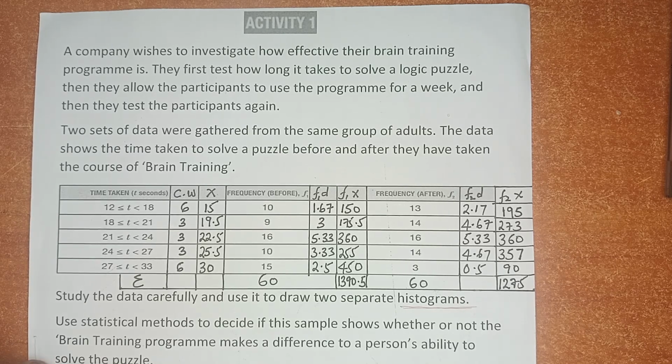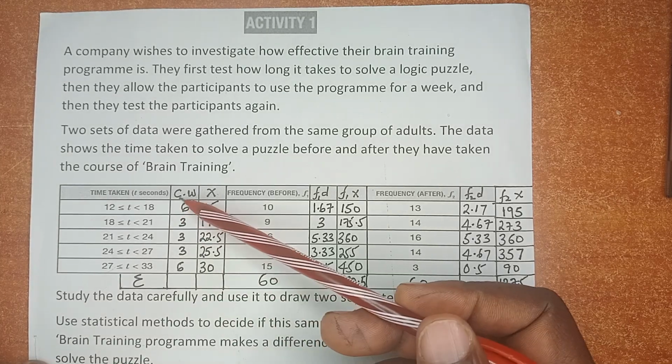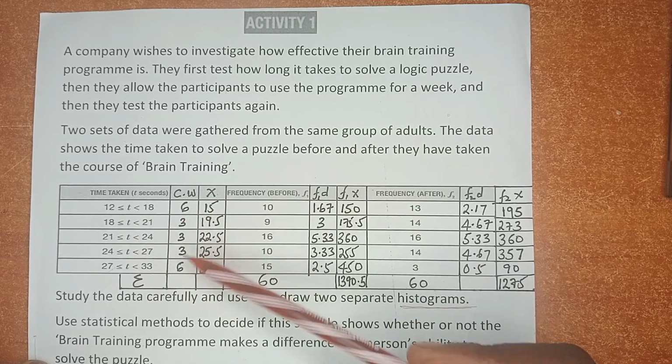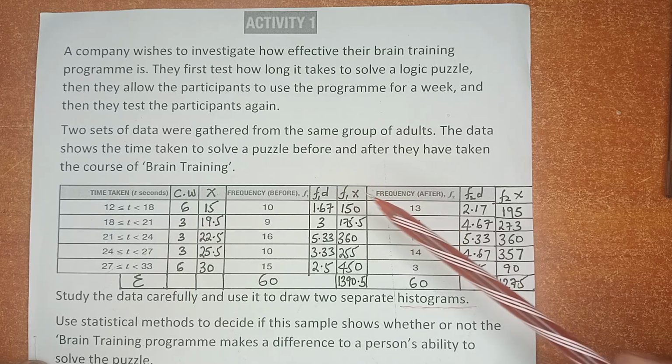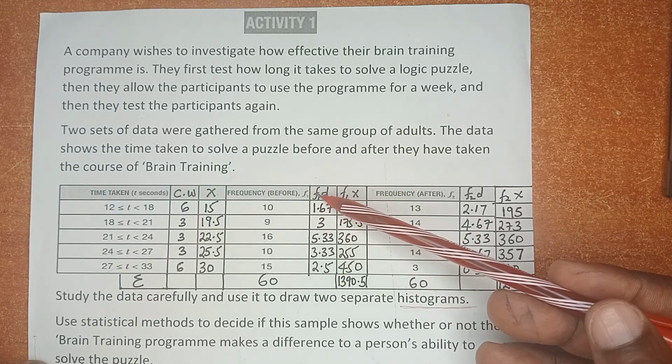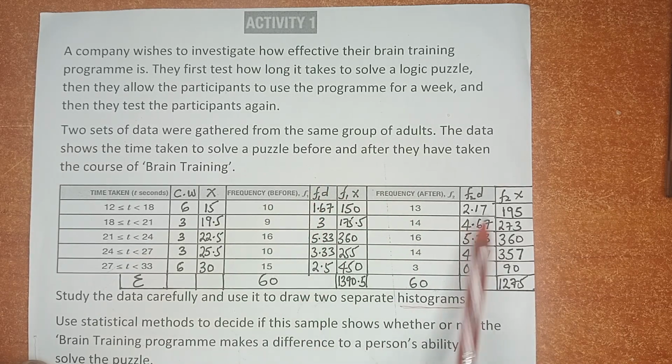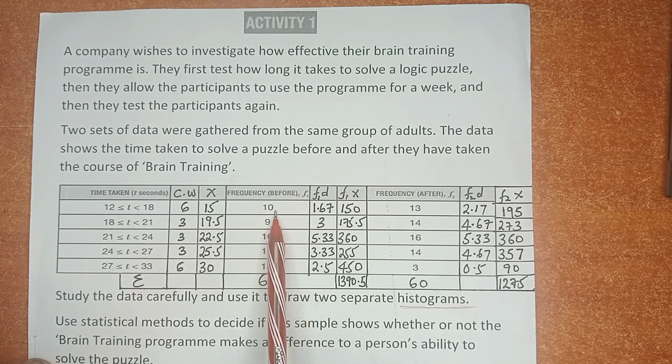You will see that the class widths are 6, 3, 3, 3, 3, 6. Then we have a column of F1D, the frequency density before training, and F2D, the frequency density after training. The frequency density is always the frequency divided by the class width.